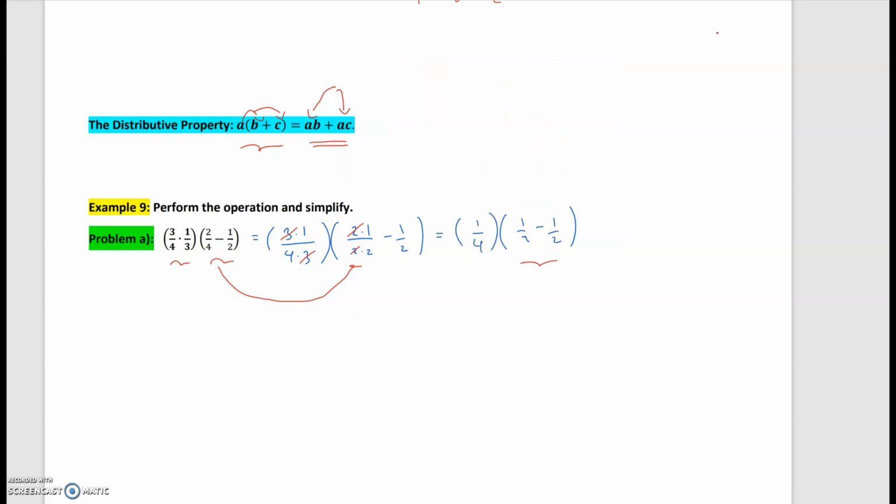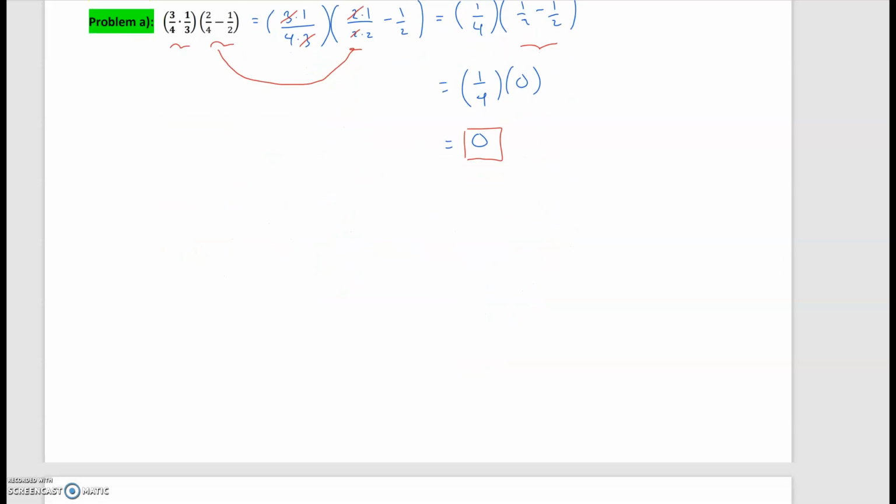So therefore, you're going to end up with 1/4 times the value of 0. And this is just going to give us a final answer of 0 as we simplified problem A. So problem A cancels out. Our final value happens to be 0.